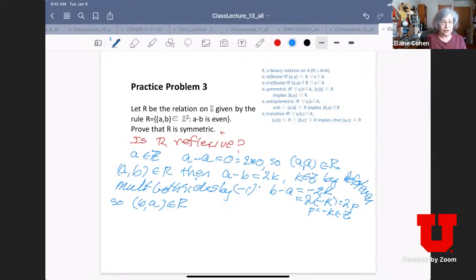So it is symmetric. Well, let's ask the final question.